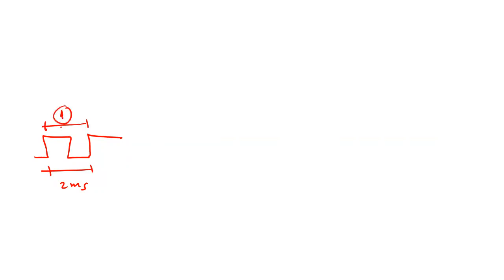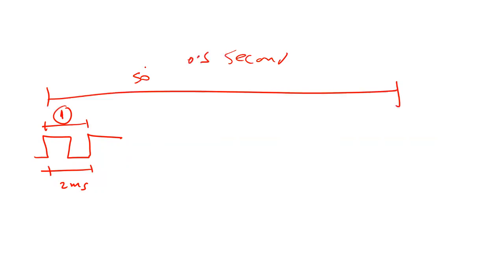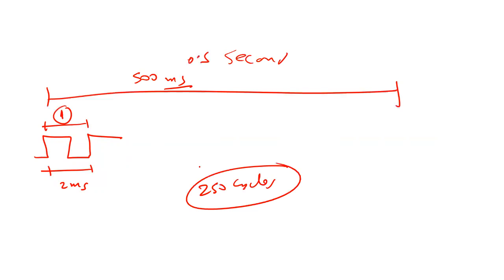If I want to generate half a second, meaning 500 milliseconds, how many cycles do I have to generate? 500 cycles? No, 250, I'm sorry, 250 cycles. Why? Because if you multiply 250 by 2 milliseconds, you get 500 milliseconds, which is half a second. Is that okay, guys?